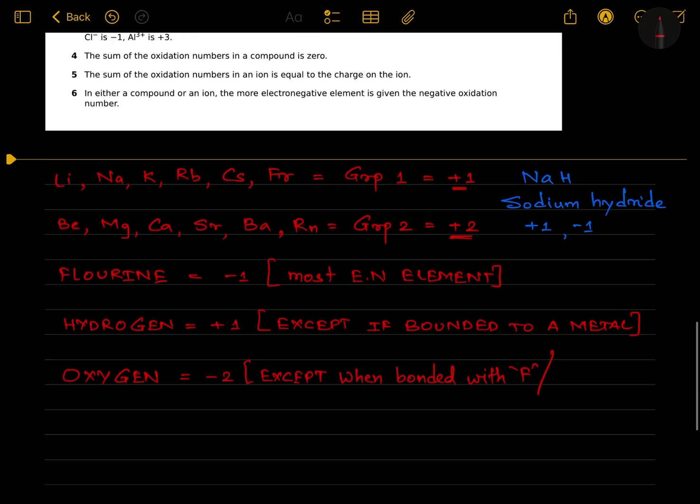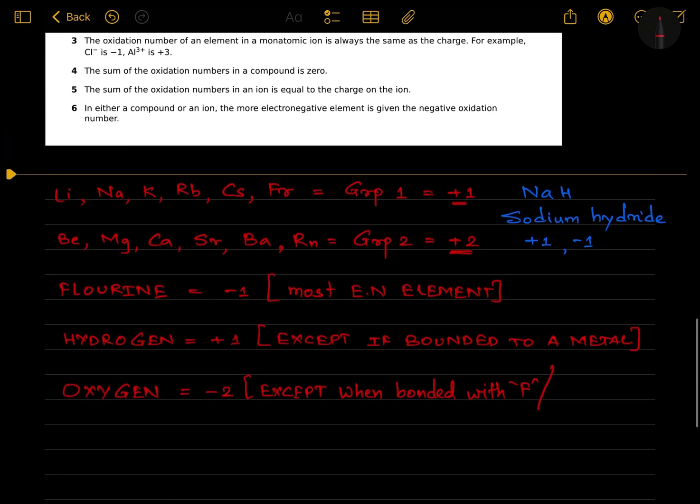Similarly, when this oxygen is in the form of a peroxide, we would discuss what exactly a peroxide is, don't worry about it. Whenever it is bonded as a peroxide, it always has an oxidation number of -1.